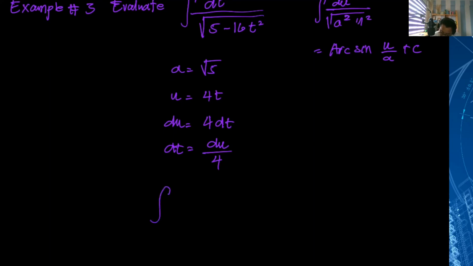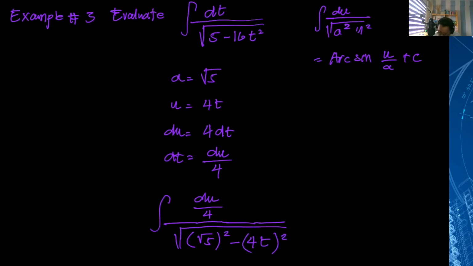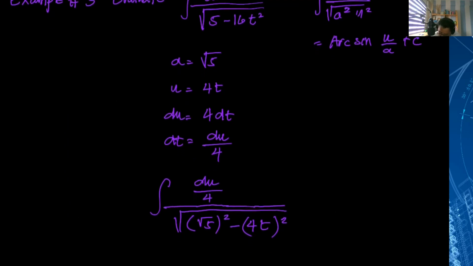So the integral of dt, what is dt? du over 4. So square root of a squared minus u squared. Okay, so this is now the same as the denominator of our formula number 1, in the form of a squared minus u squared.